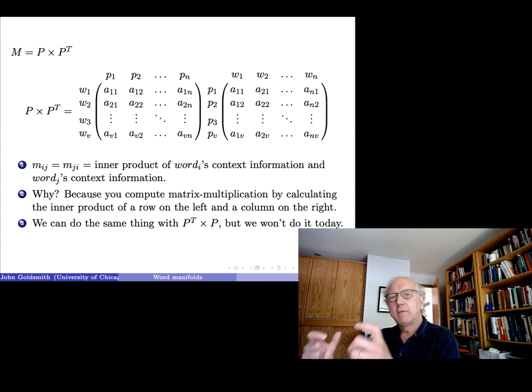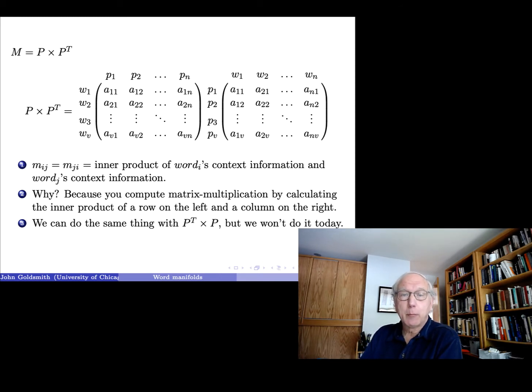So what we want is to be able to do this for all the different rows. We want, for all pairs of rows, to calculate the inner product of those two rows. And what is that from the point of view of matrices? That is just multiplying P by P transpose. So what I've written here, M_ij is equal to M_ji.